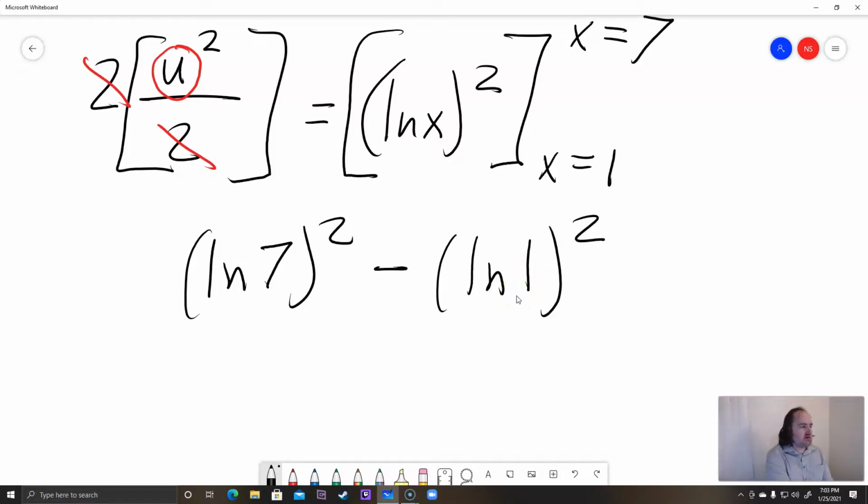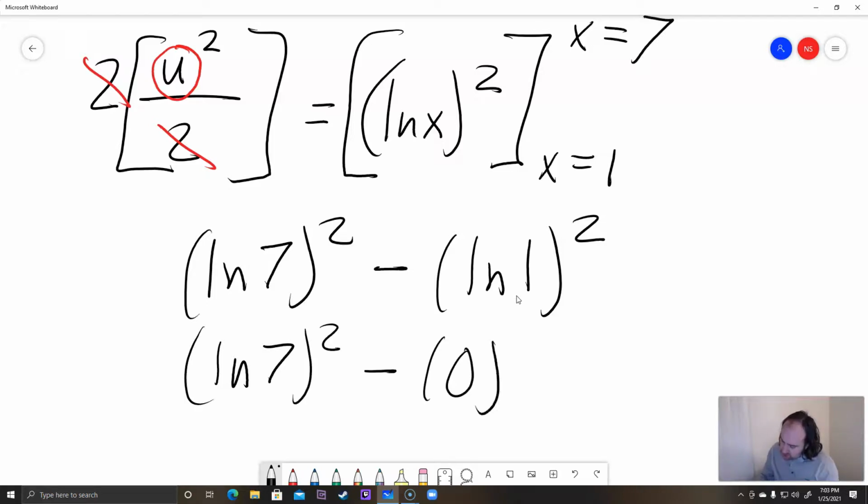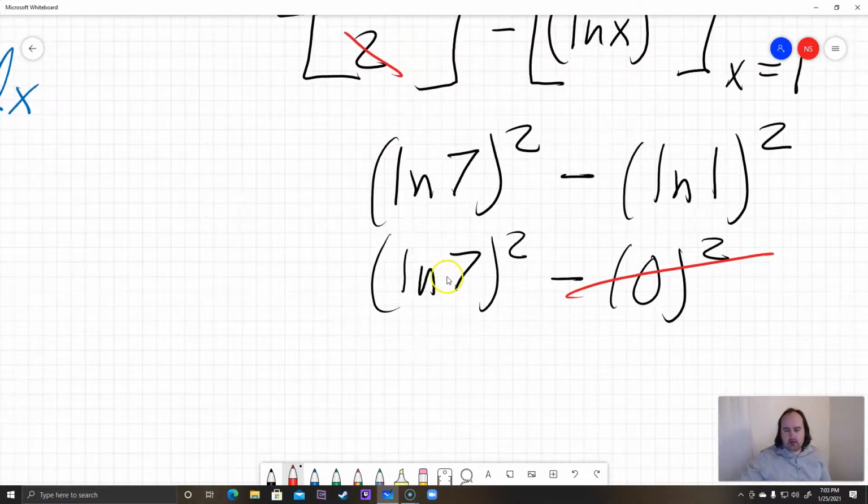Alright, so what we're going to have here is ln of 7 squared minus 0 squared. But remember, 0 squared is just 0, so we don't need this. So our answer is going to be ln of 7 quantity squared.